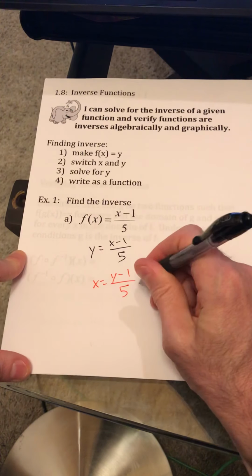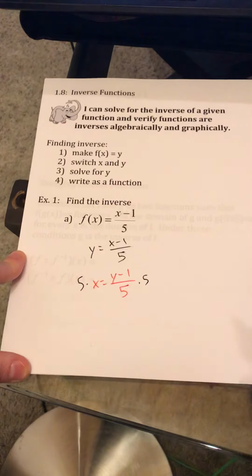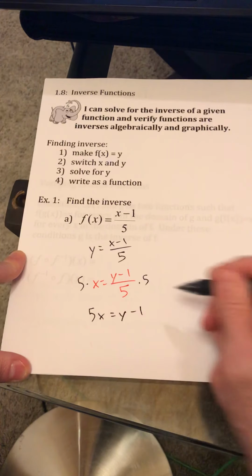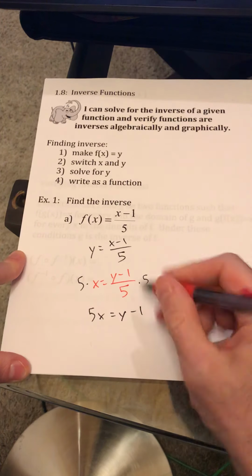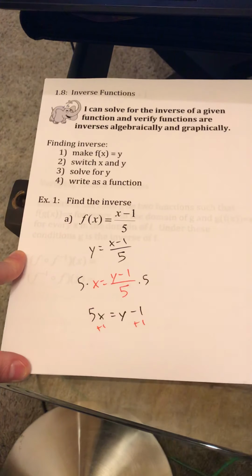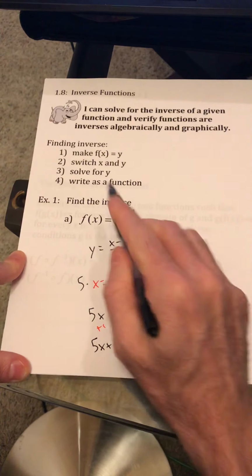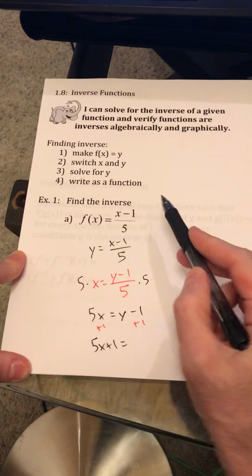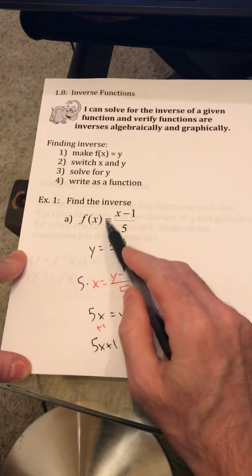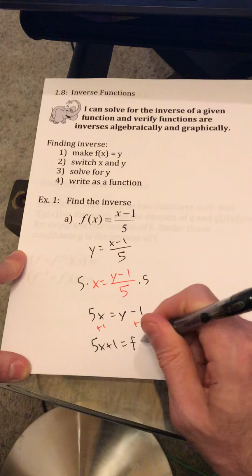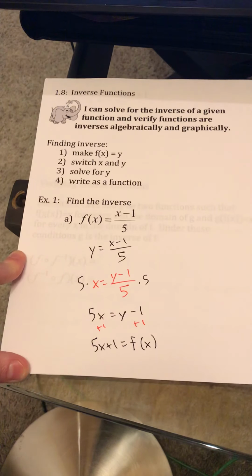First thing, multiply the 5 over, so 5x equals y minus 1, and then your last step, add the 1 over, so 5x plus 1 equals y. And then, if it started out as a function f of x, we do want to go back and use function notation.